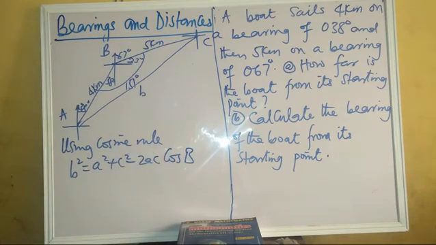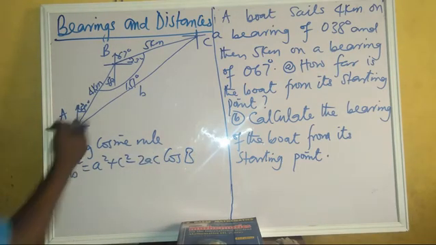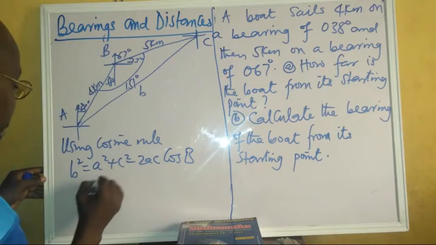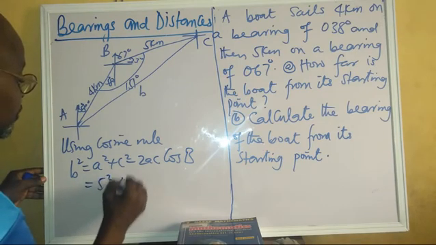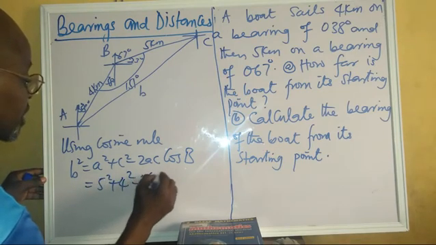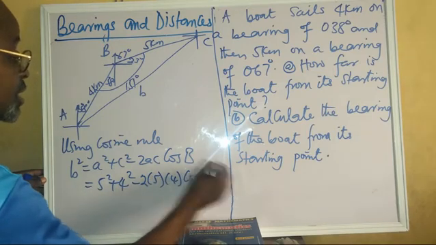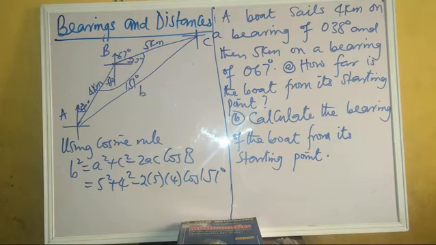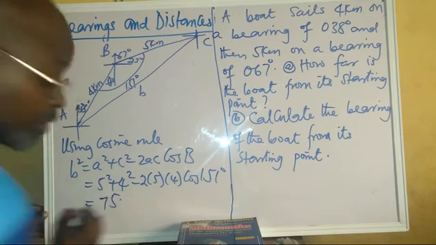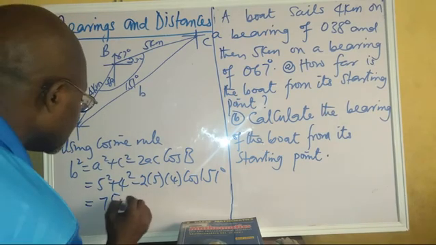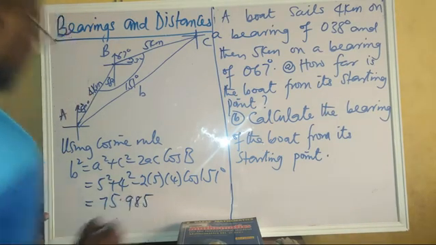So we can now substitute. Our a is our small a, that is 5 squared plus 4 squared minus 2 times 5 times 4 cos 151 degrees. So when you look at this, it's just a matter of summarizing the calculation. You can press your calculator straight, and this one will give us 75.985.